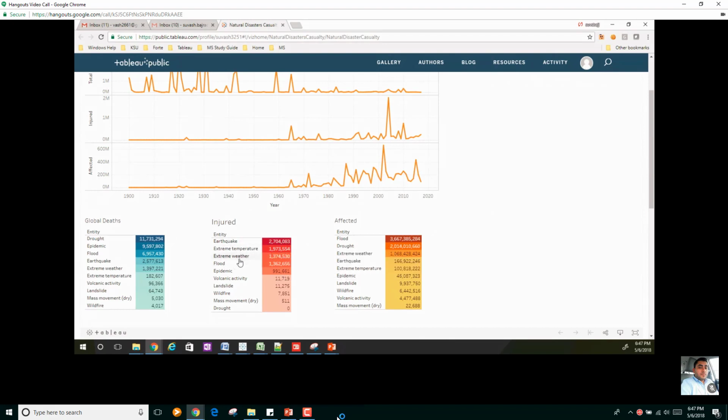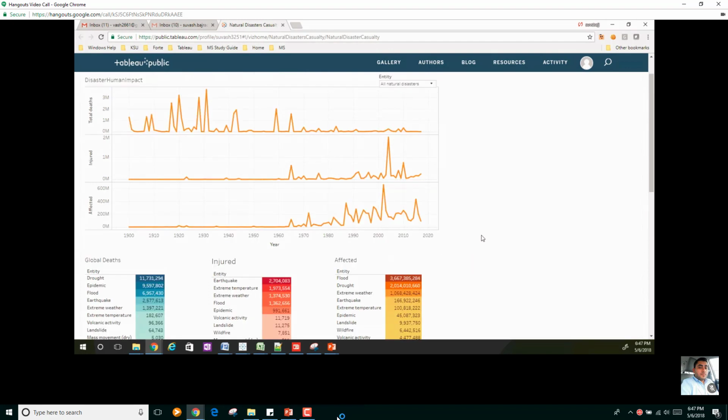And extreme temperature and extreme weather, and here the affected people mostly by the flood, which affected 3.6 billion people, followed by drought and extreme weather. So this is from the record from the 1900s all the way to 2017. So that's a lot of numbers that added up here.